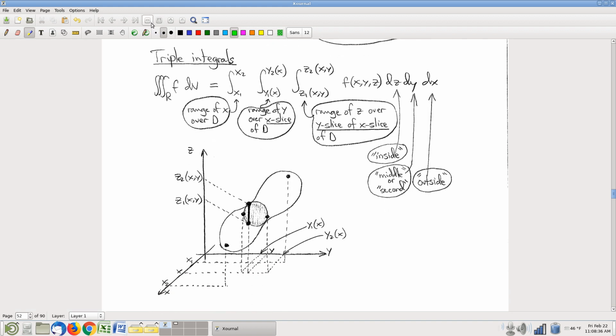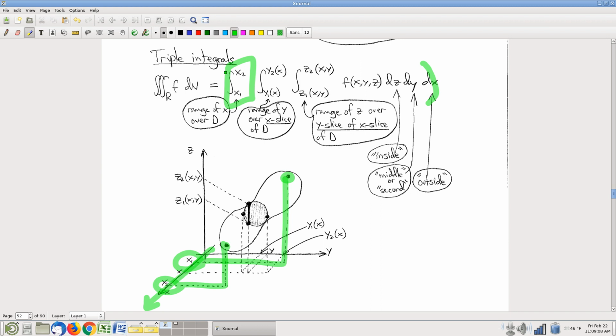But your outside variable, let's say x here. You look at the smallest value of x. You look at the largest value of x. No surprise. You identify those first and last x slices by asking where's the first point that you hit, where's the last point that you hit as you slice perpendicular to that axis? That gives you your outside bounds. Just like with double integrals.